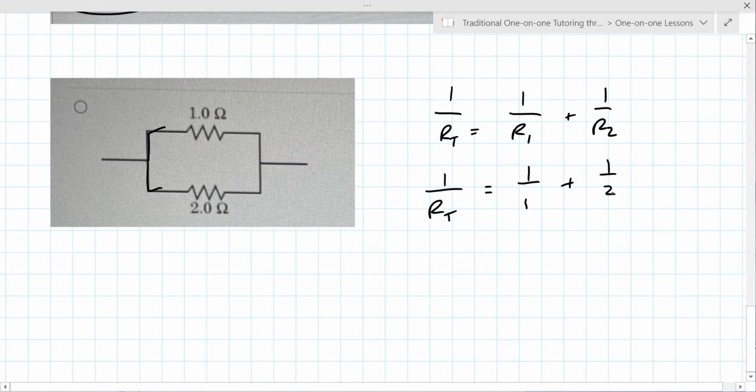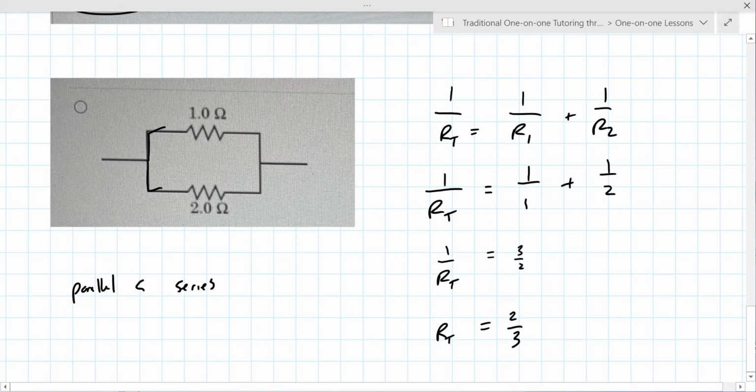And so this is 3 halves. You flip the number on the right when you have a reciprocal on the left. So that's 2/3.